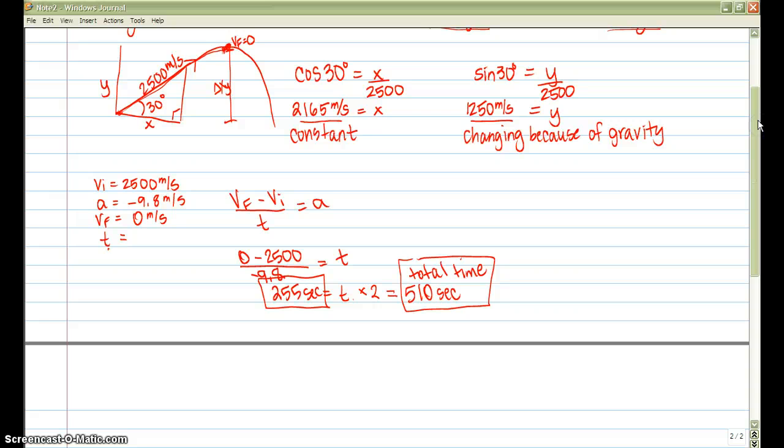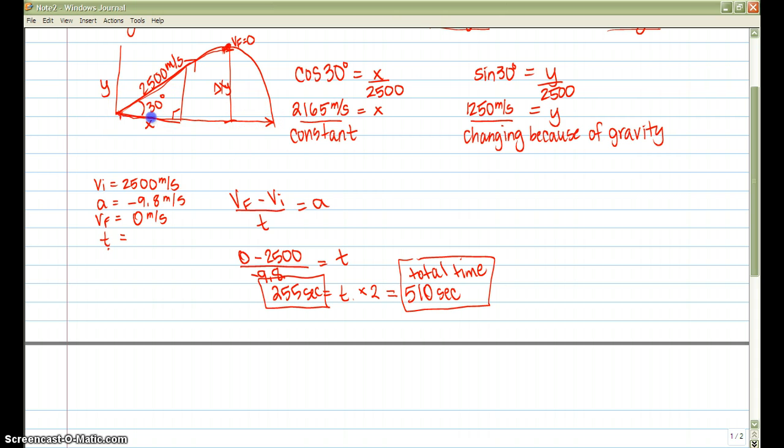So, next step. Why don't we find the range? Let's see how far this thing goes. Using our model up here, our range is going to start here, travel straight horizontal across, and end right here.